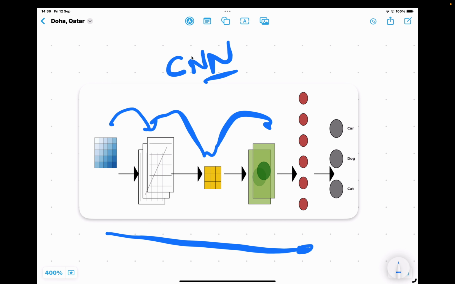This makes the network faster, reduces the memory use, and makes it less sensitive to small changes in the input. In the next images, we're going to see how those different layers occur. But this is just a simple explanation that first we have the convolutional layers, then we have the pooling layers, and then you have the fully connected layers at the end.